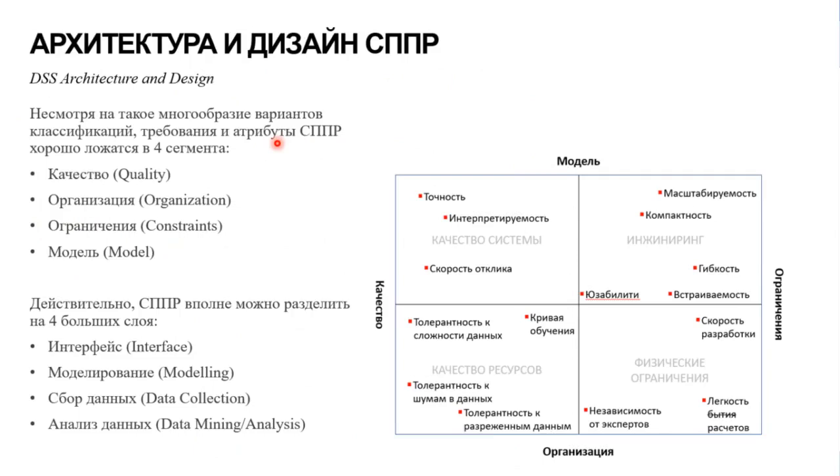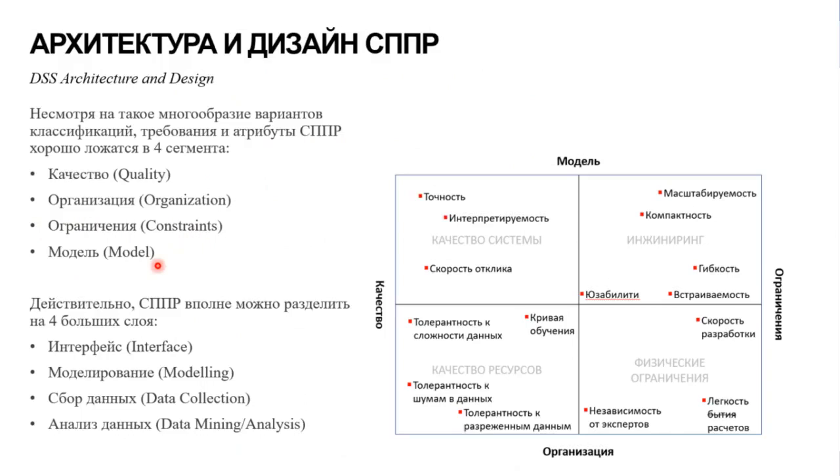That is the quality of the system, the specific organization that the system is going to be built for, then some of the constraints or conditions that exist, and then the kind of model required in making decisions, or it could even be the business model of that organization.